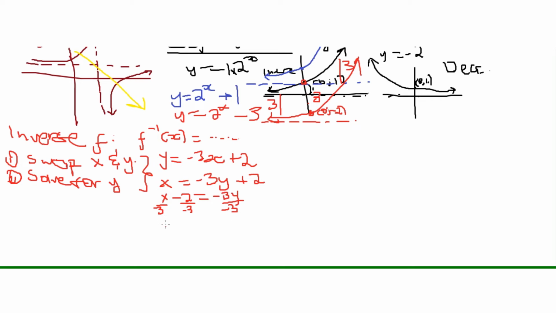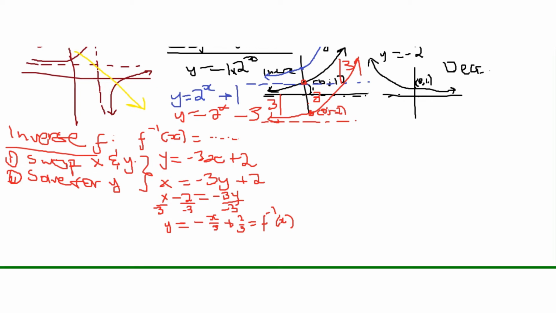Then 1y equals negative x over 3, there's no way you can simplify, just write it like that. And then negative and negative becomes positive 2 over 3. You can just say this equals f to the exponent -1 to show that this is an inverse. When you find an inverse function, you always do that.